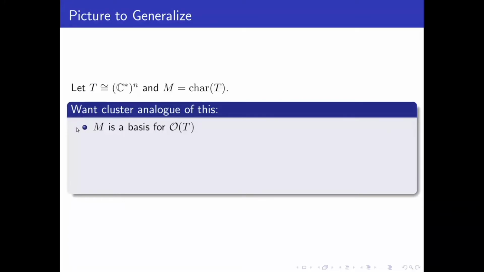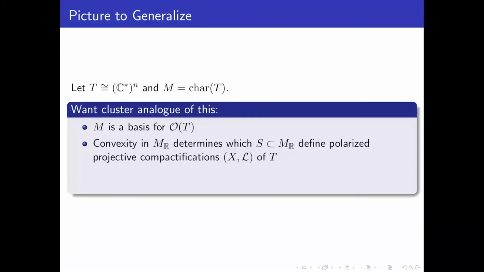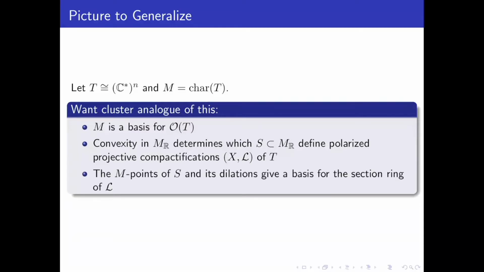M is a basis for the regular functions on T. Convexity in M tensor R determines which subsets of M are defined polarized projective compactifications (X, L) of T. And the M points of S and its dilations give a basis for the section ring of L. So we'll want cluster analogs of everything in this picture.